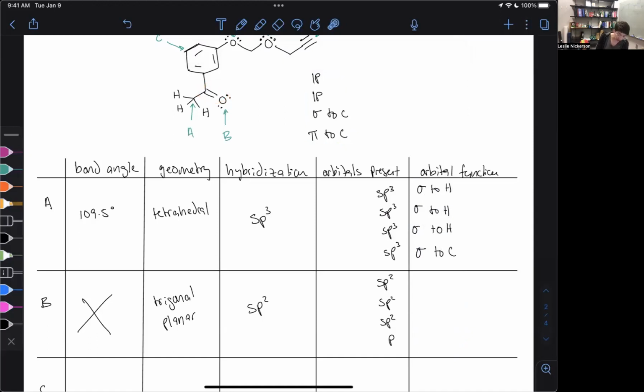So automatically, by process of elimination, and I tend to start with the p orbitals. If I've got a pi bond, I tend to start there so that this becomes a much easier decision when you have 3 things left over. So you've got a p giving you your pi bond to C, giving you your double bond. And then we can basically just put the rest of these in here, because the only orbitals we have left are sp2. We don't have any other p orbitals to mess around with.